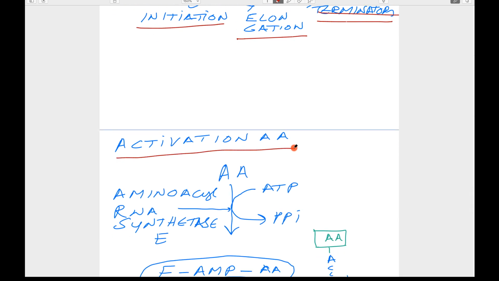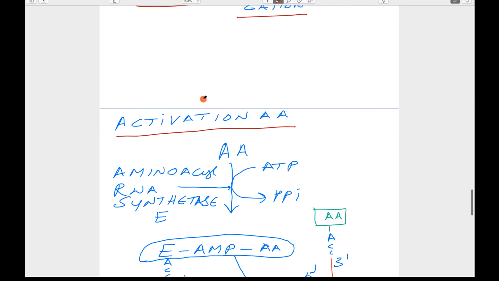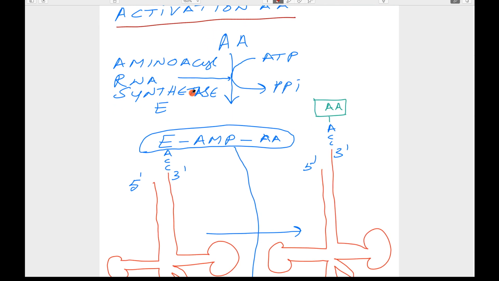Then activation of amino acids. How are the amino acids activated and bound to the transfer RNA? Amino acid, in the presence of ATP consuming two energy bonds, in the presence of the enzyme aminoacyl tRNA synthetase, leads to formation of an enzyme-AMP-amino acid complex.